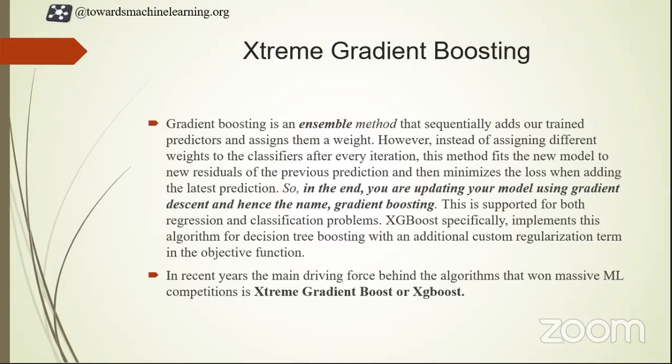This XGBoost, or extreme gradient boosting algorithm, is the main driving force behind the algorithms that won massive ML competitions, be it Kaggle or anywhere else, the Netflix recommendation competition also, and various competitions. It is really a very good and very fast algorithm.